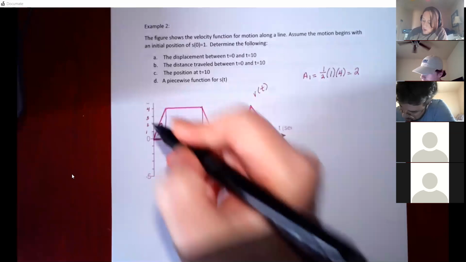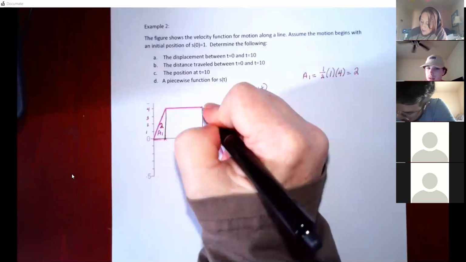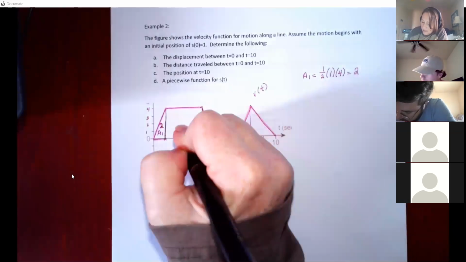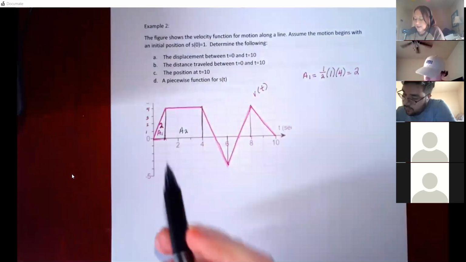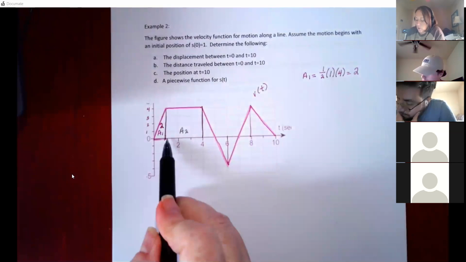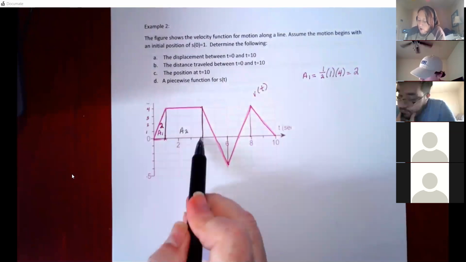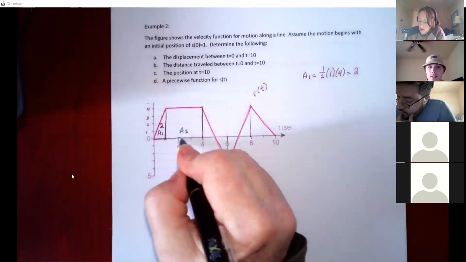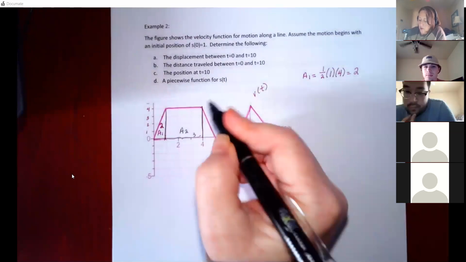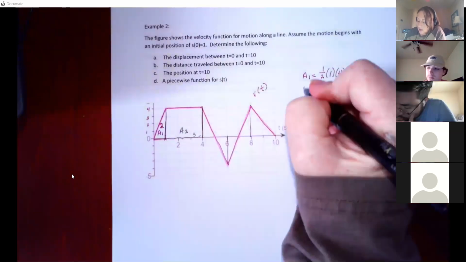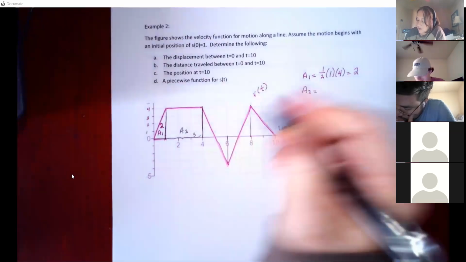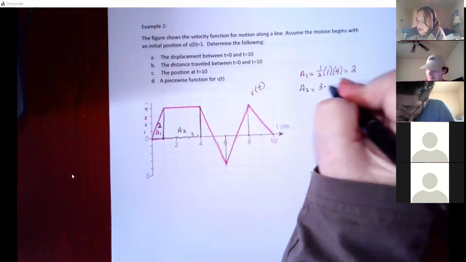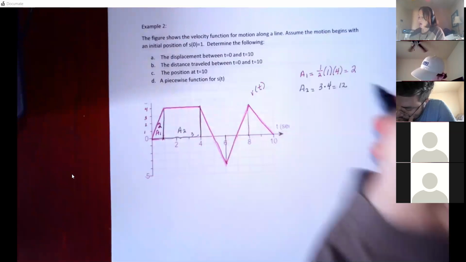Now, what about this rectangular part right here? That's going to be my A2, just for future reference. That is a rectangle that goes from t = 1 to t = 4, so it's 3 units wide and 4 units tall. Since it's a rectangle, the area is just 3 times 4, or 12.